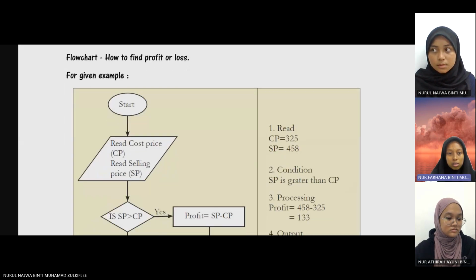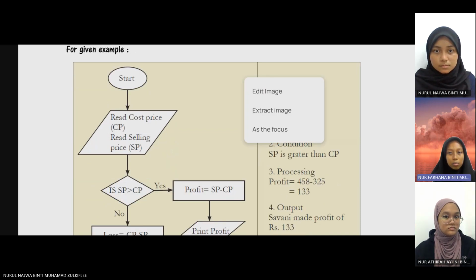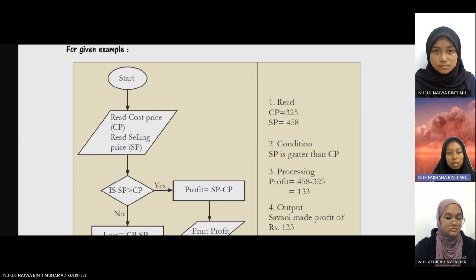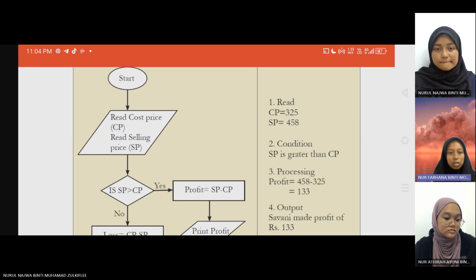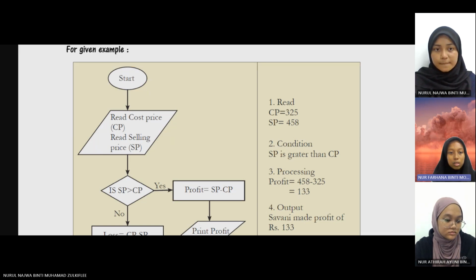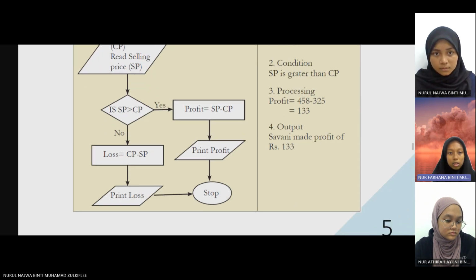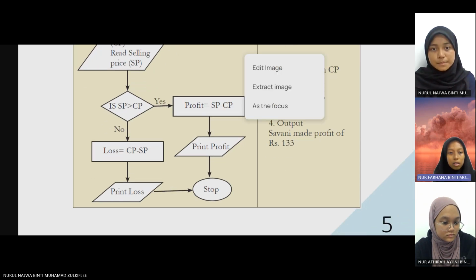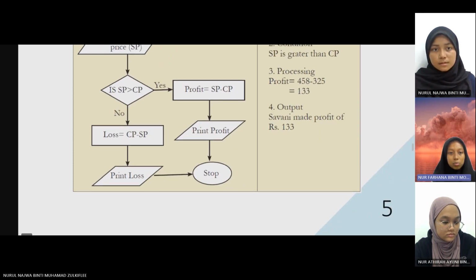This is the example of how to find profit or loss. The first one, we have to insert the terminal and the input is start. And then we go to data and the input is read cost price. And then after that the input is read selling price. And then we go to decision. The input is selling price > cost price.